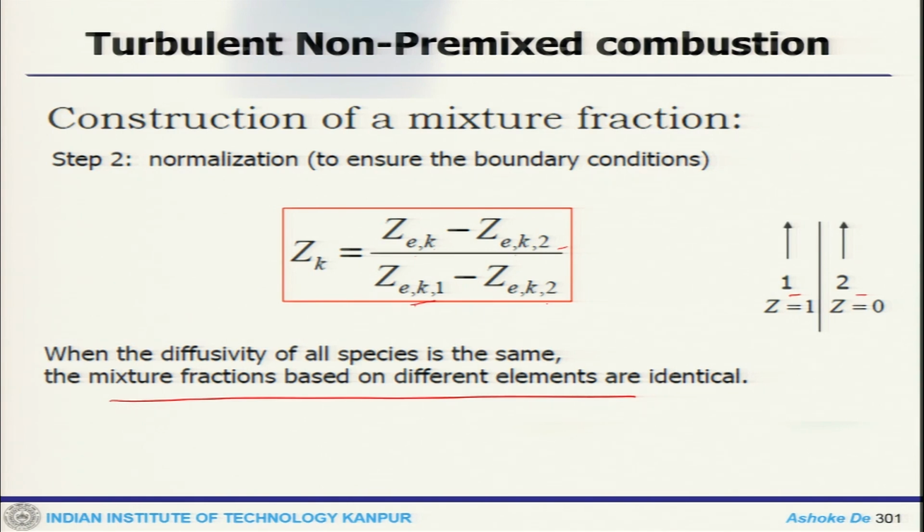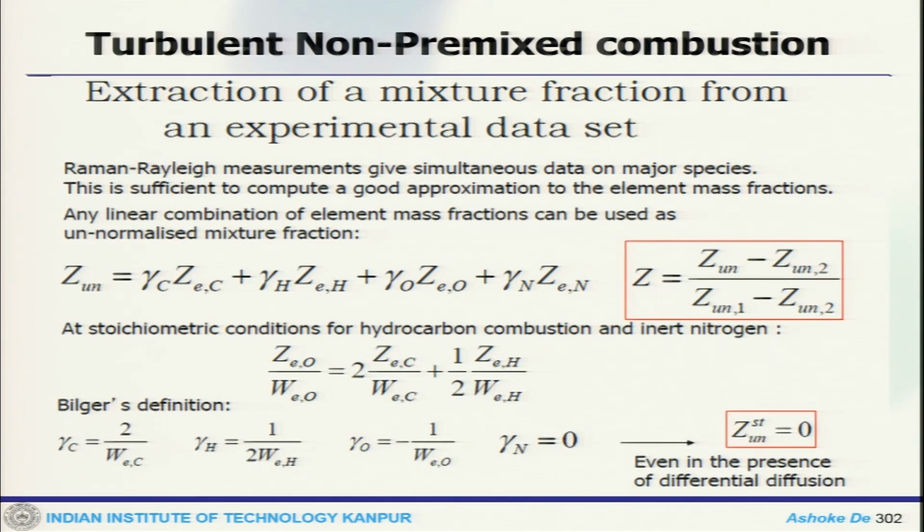Now, the thing is how do we extract the mixture fraction from the experimental data set. So, there are Raman-Rayleigh measurements which provide simultaneous data on major species, but that is not sufficient for a good approximation of the element mass fraction.